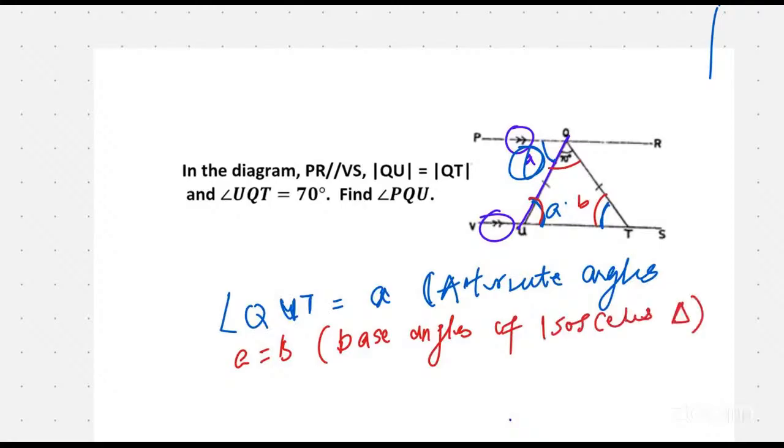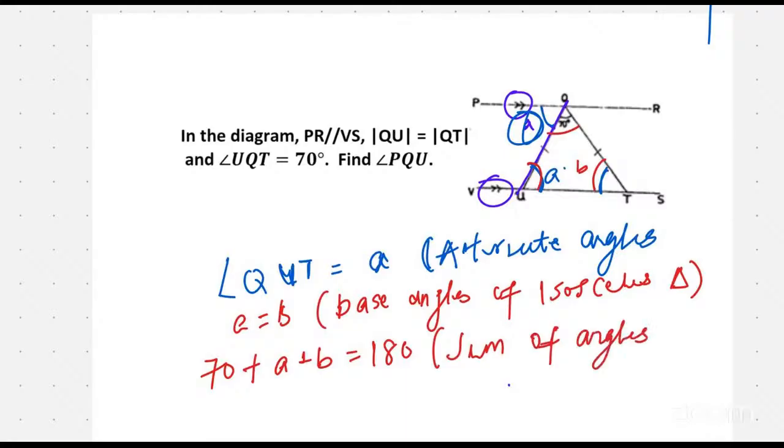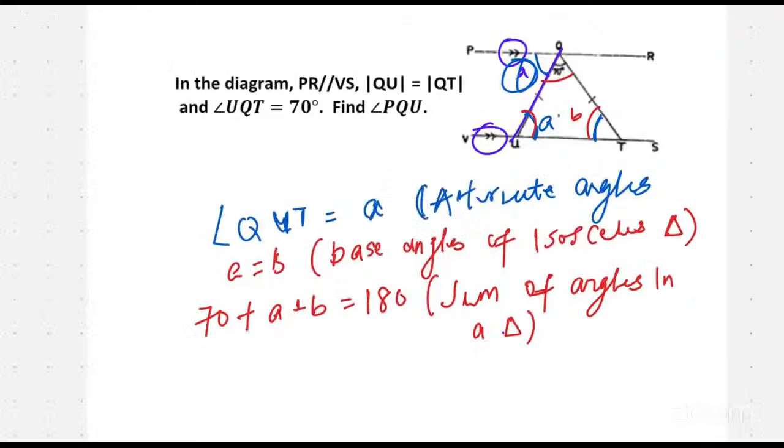So when you add up all of this together, sum of angles in a triangle is 180 degrees. So I have 70 plus A plus B equals 180 degrees. And the reason is sum of angles in a triangle. Whatever I find B, I will write A. So 70 plus A plus A is equal to 180 degrees.